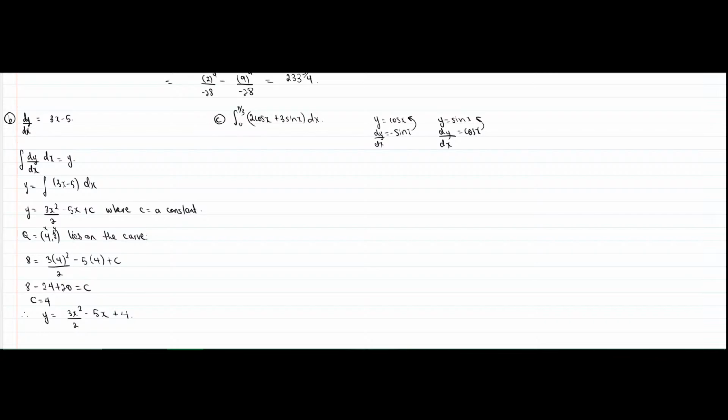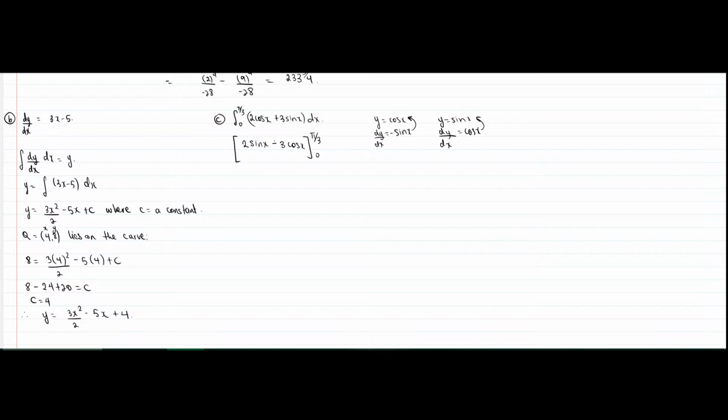And when I integrate cos x, I get back sine x. So this will be 2 sine x, and when I integrate 3 sine x, I get negative 3 cosine x, evaluated between pi on 3 and 0.